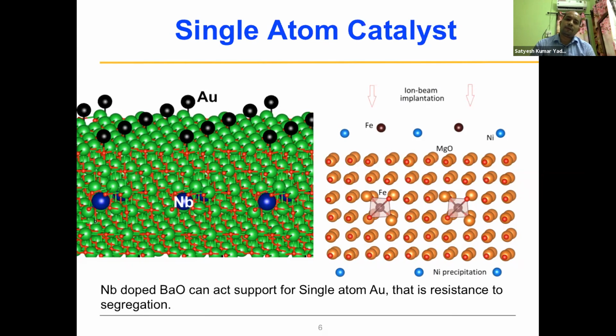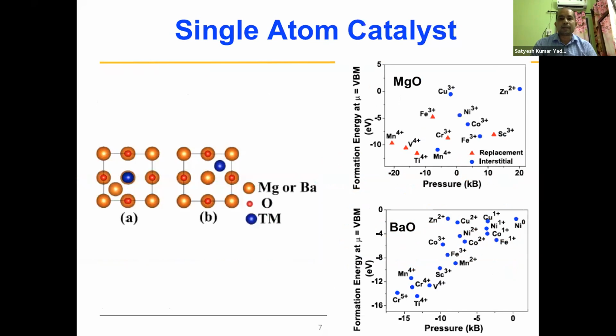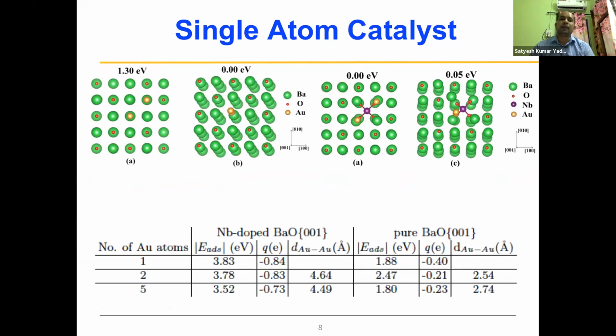But people have struggled to stabilize these single atom catalysts, gold, platinum, because they tend to segregate together and form bigger particles, bigger clusters. So one way we are proposing this could be avoided is by implanting transition metals which have higher affinity for oxygen. One of the cases we showed is niobium: if you implant niobium into barium oxide, then that can act as a support for single atoms.